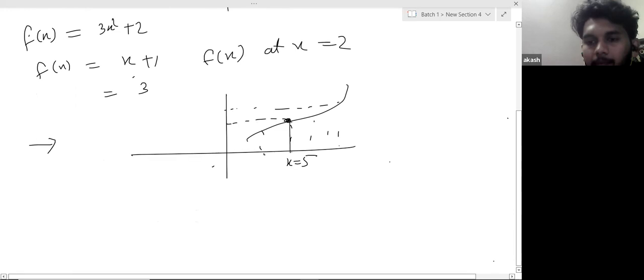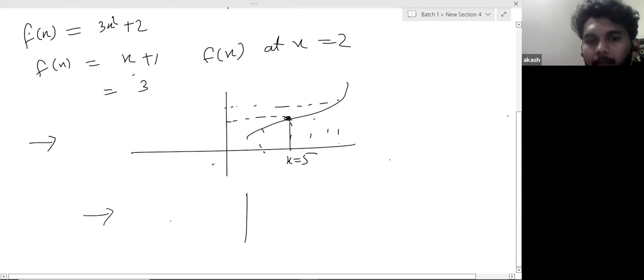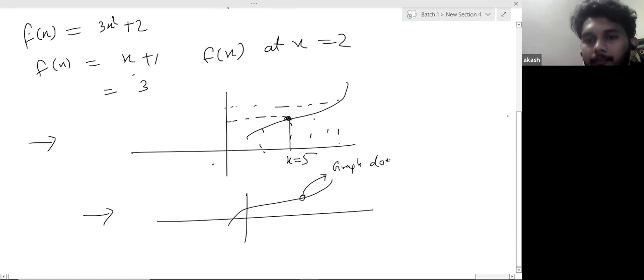But if there is a hole in the graph, suppose there is a hole, open circle. You know what open circle means? Graph does not exist there. And someone asks you what is the value of the function at x equals 5, then you will say the value does not exist, right?